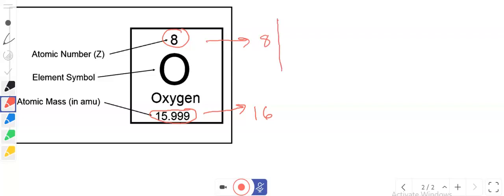Now, how do you find the neutrons? Now, we know that the atomic mass, the mass number, we use that interchangeably, is 16. So our mass number here is equal to 16. So our atomic number, which is the number of protons, is 8.